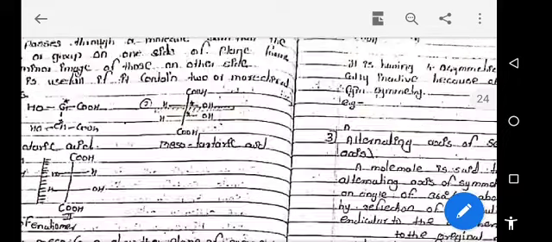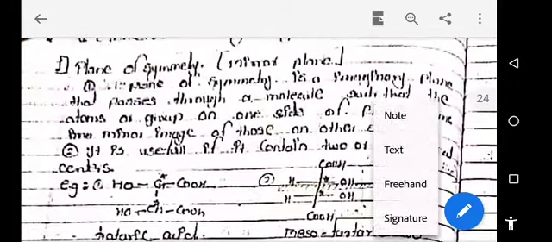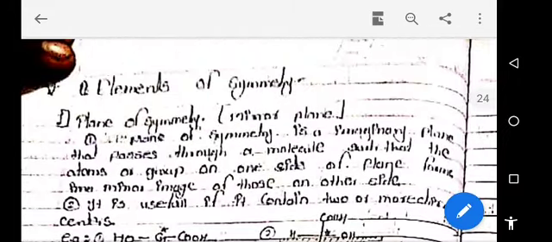The next important criterion is the elements of symmetry. There are three different elements of symmetry: one is the plane of symmetry, second is the axis of symmetry, and third is the center of symmetry.